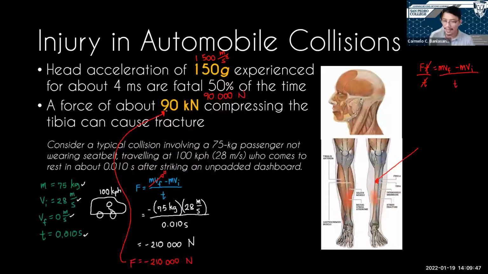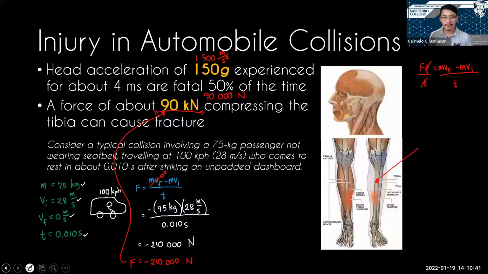So imagine how large the fracture and damage would be. Just 90,000 can already cause a fracture. How much more 210,000 newtons? So during that collision, that person not wearing a seatbelt will experience a force of 210,000 newtons. That is a very high force. And that is way above the minimum force that causes fracture. So you are in danger.